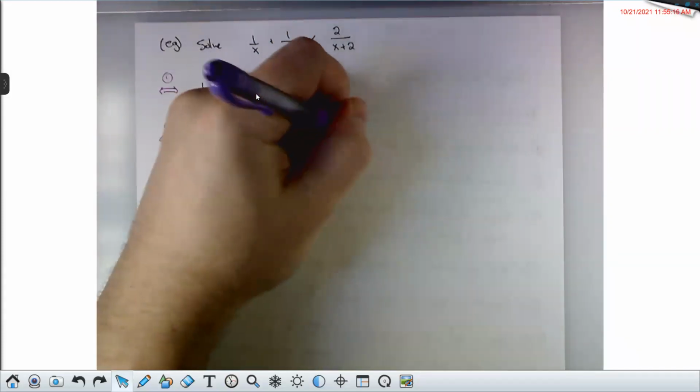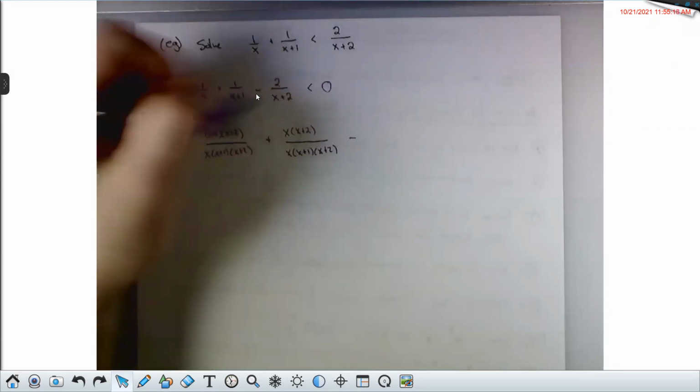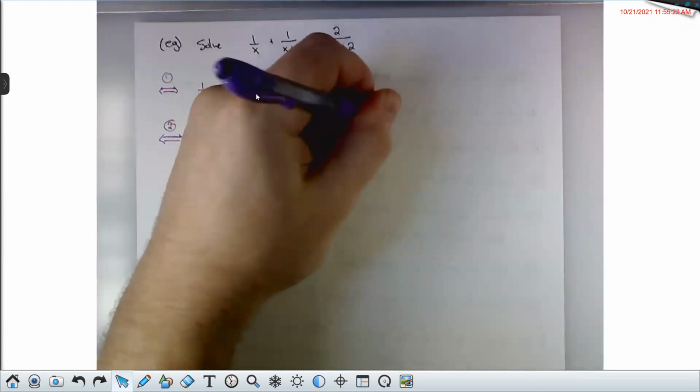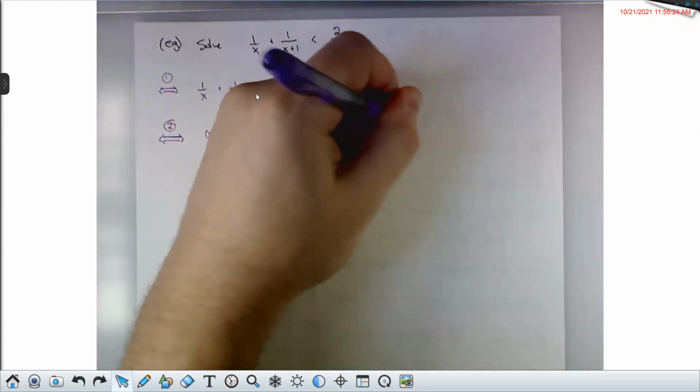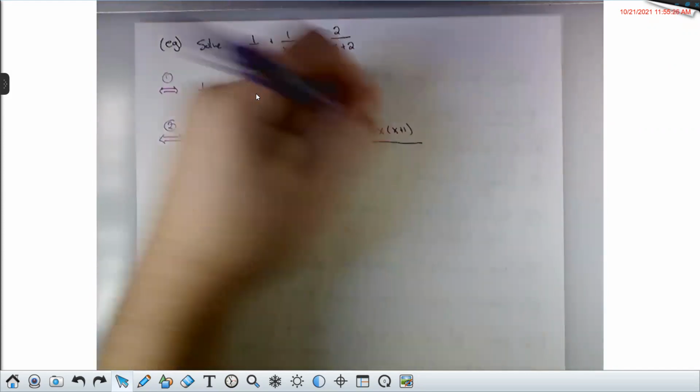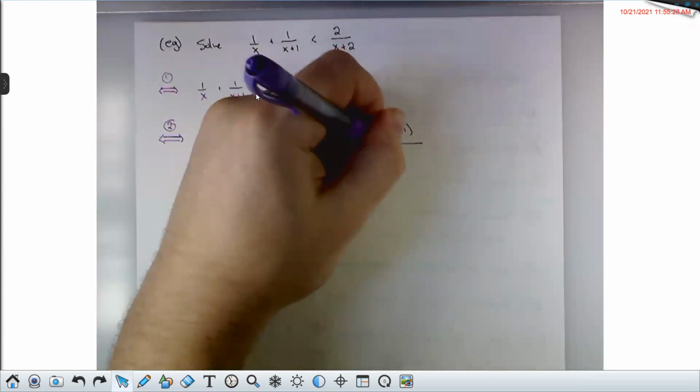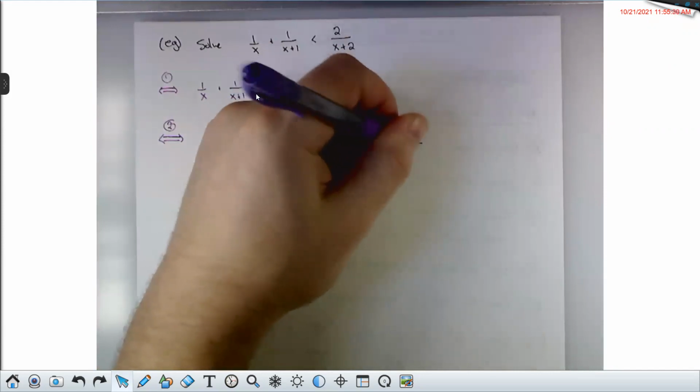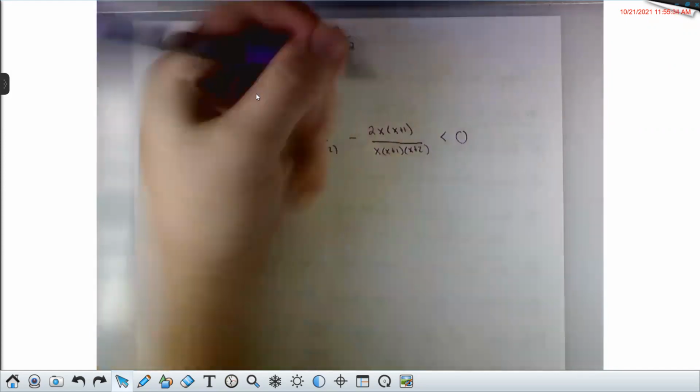And the last guy, he has the x plus 2, so he needs the x and the x plus 1. So he'll be 2x times x plus 1 over x times x plus 1 times x plus 2. And all of this is still less than 0.